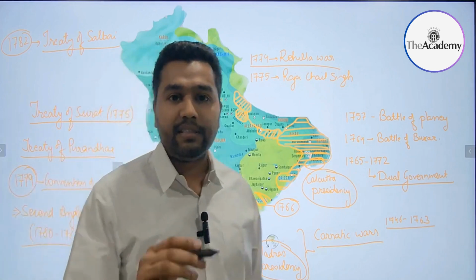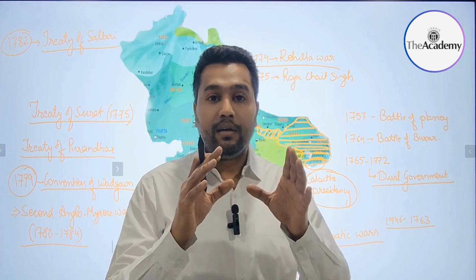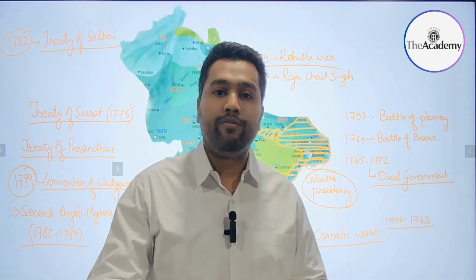On the southern front in 1782, when Hyder Ali died, his son Tipu Sultan became the ruler of Mysore.